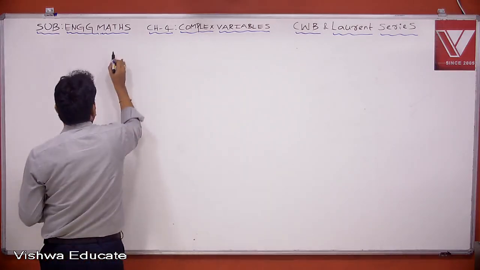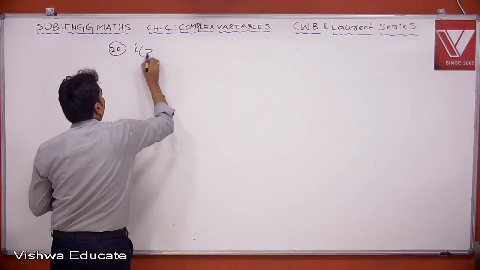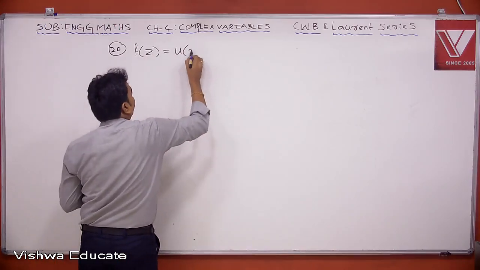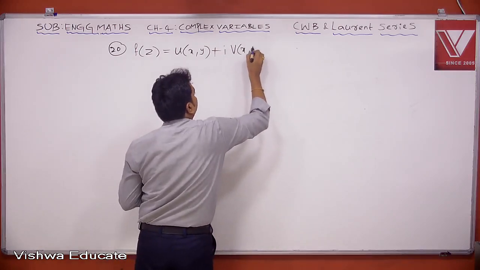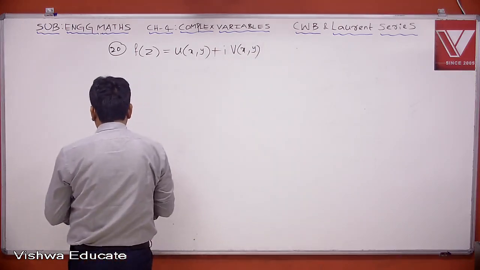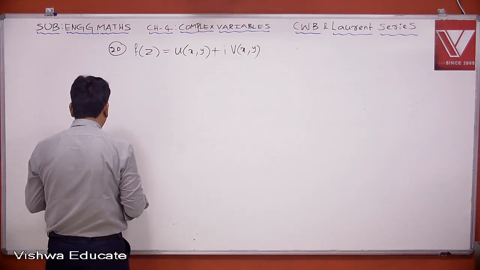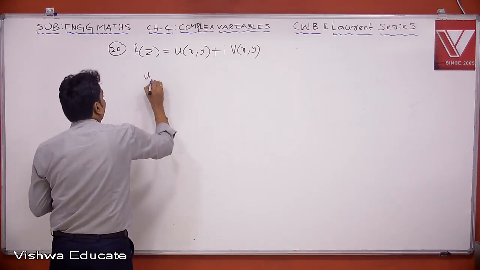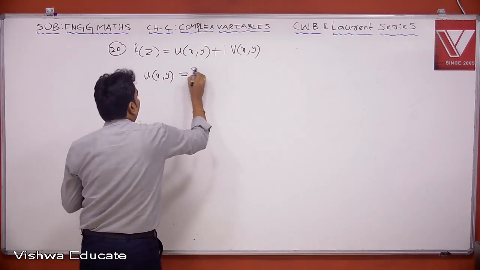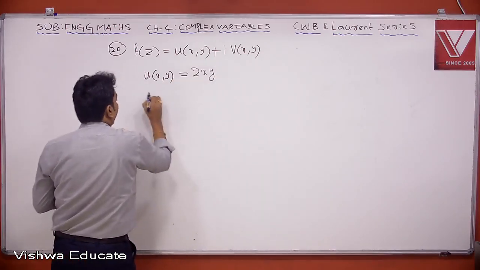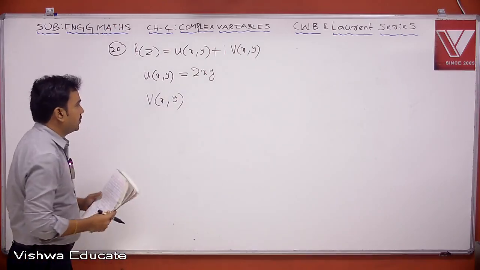Next, question number 20. If f of z equal to u of x comma y plus i into v of x comma y is an analytic function of a complex variable z equal to x plus iy, where i equal to square root of minus 1, and u of x comma y equal to 2xy, then v of x comma y may be expressed as.